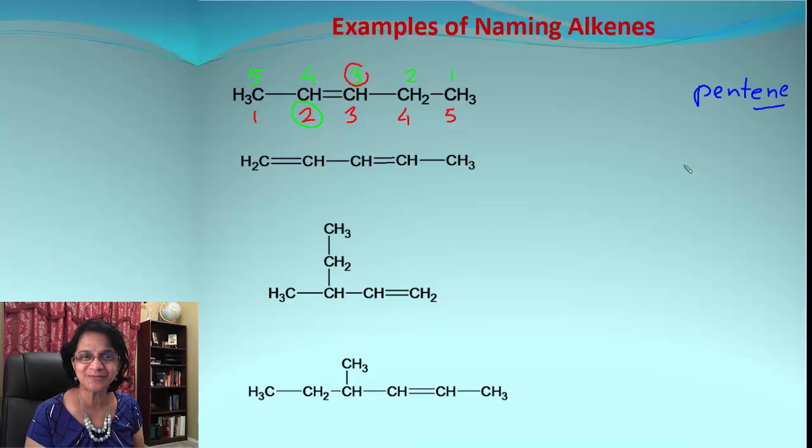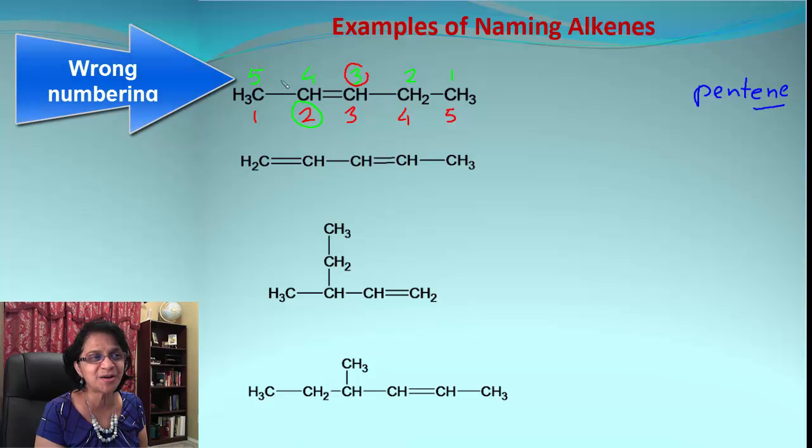Remember our naming rules for alkenes. If you are going to number from left to right, the double bond comes at position number 2, versus if you are labeling from right to left, the carbon atom which has the double bond is number 3. We need to make sure that the carbon atom gets the least number.